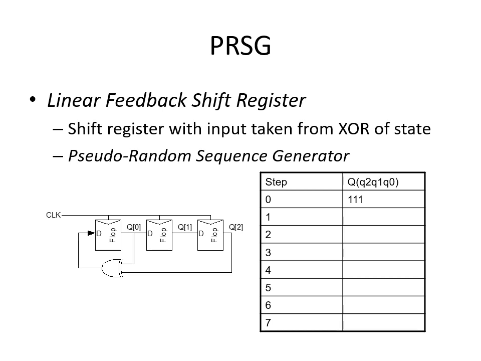So here you can see an XOR gate that is connected, and the outputs of Q2 and Q0 are given as inputs, and the output of the XOR gate is given to the first flip-flop. So the next sequence generated will be: Q2 gets the value of Q1, so Q2 becomes 1, Q1 also becomes 1, and the Q0 value is the previous Q0 XORed with the Q2 value, that is 1 XOR 1, the output is 0. So the next sequence generated will be 1 1 0.